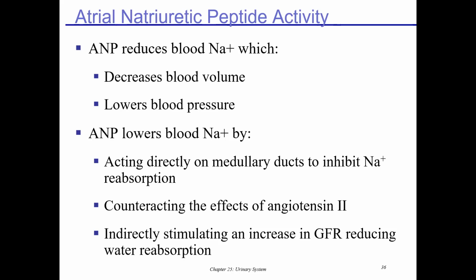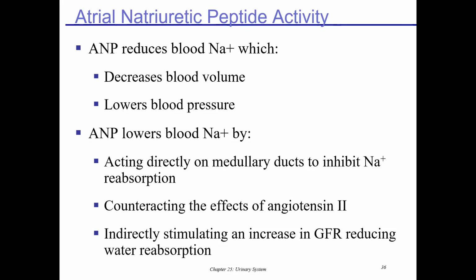So anyway, if we control salt here with the macula densa, we're monitoring salt. Salt tells us if our filtration rate is too fast or too slow. Here, we're going to use salt to regulate our blood pressure by regulating our blood volume.